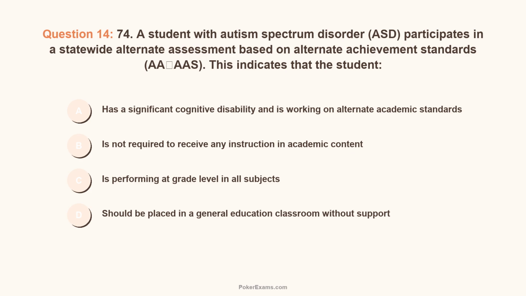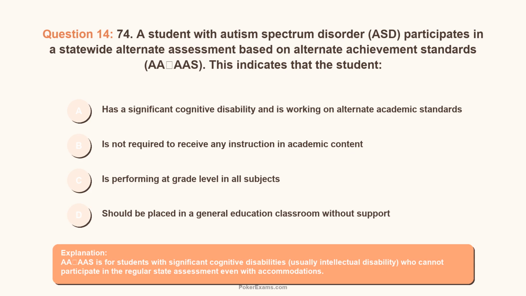Is performing at grade level in all subjects. Should be placed in a general education classroom without support. AAAS is for students with significant cognitive disabilities, usually intellectual disability, who cannot participate in the regular state assessment even with accommodations.